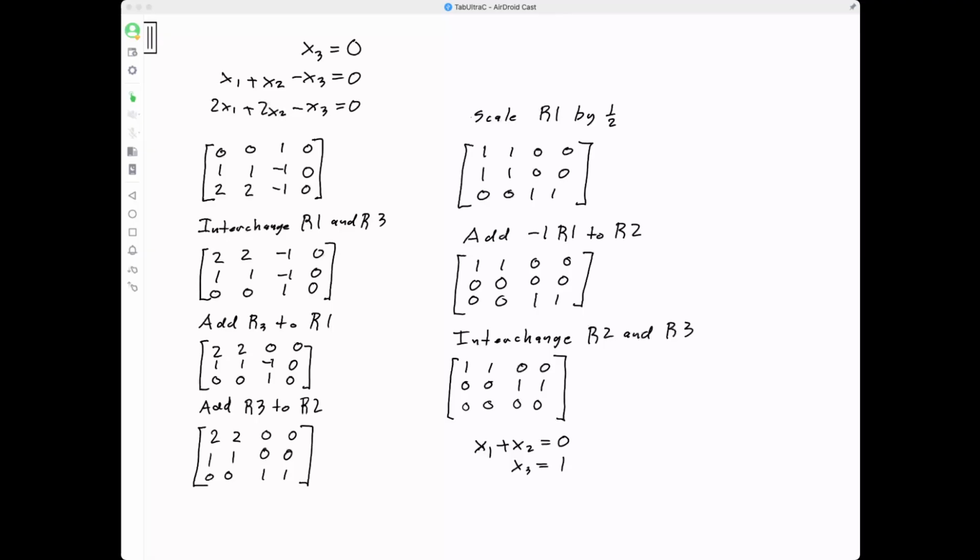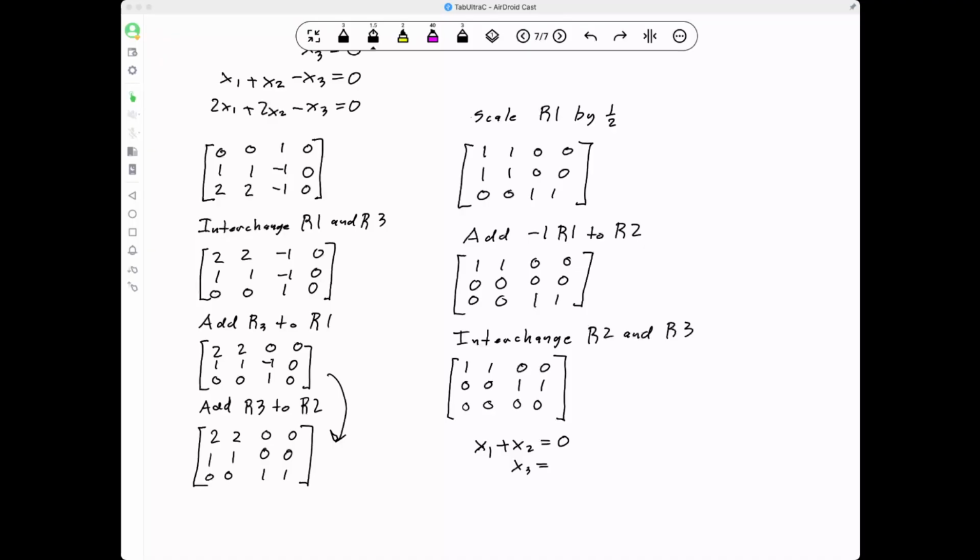The second row gives me x3 is equal to 1. And that doesn't work, because I made a mistake. And this happens a lot. You have to be careful with this. But if you look from here to here, I changed this 0 into a 1. So that should be a 0 instead of a 1.